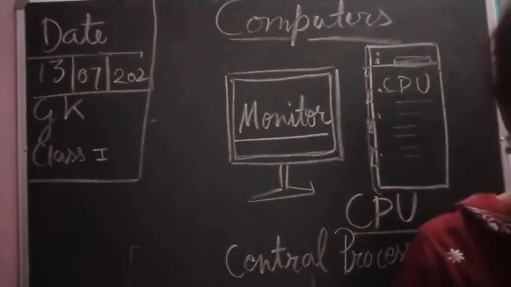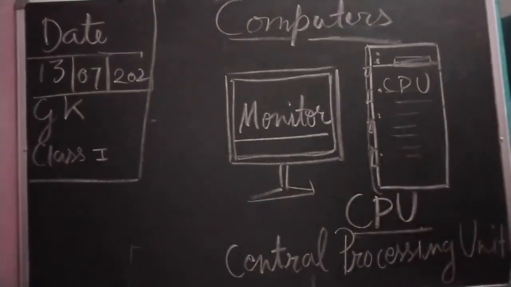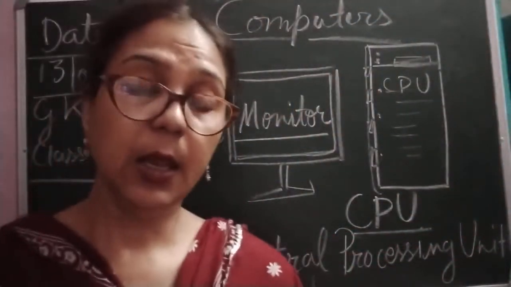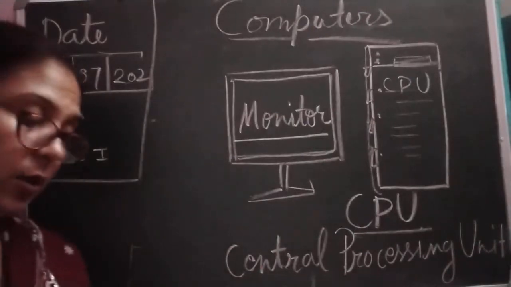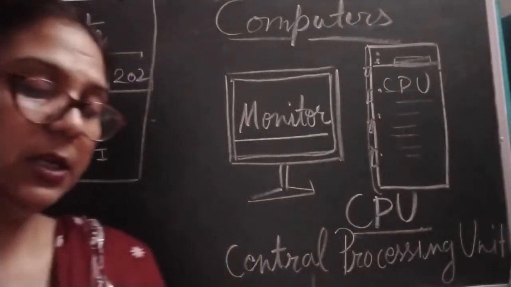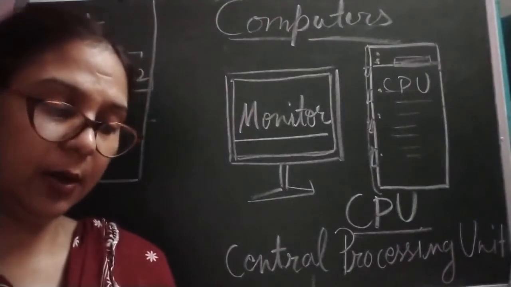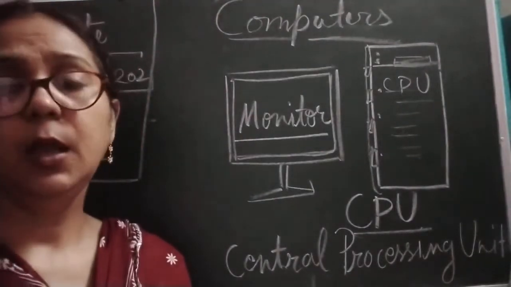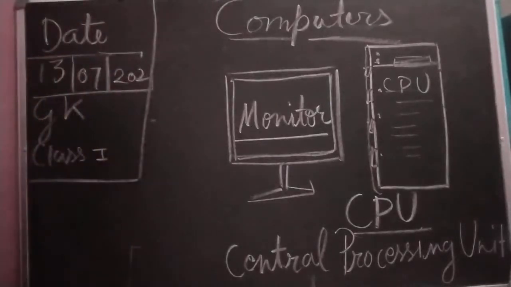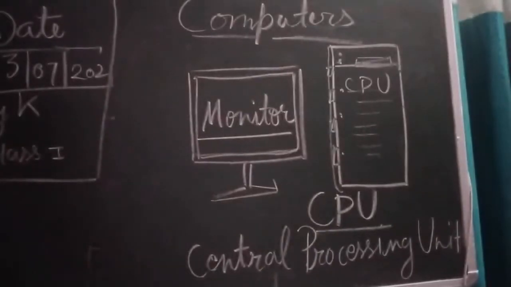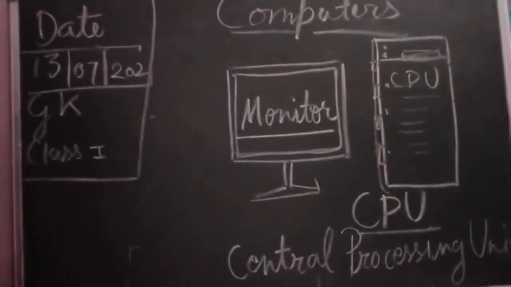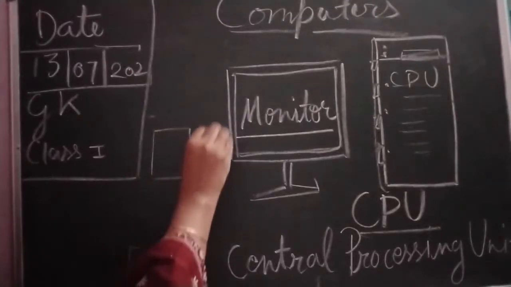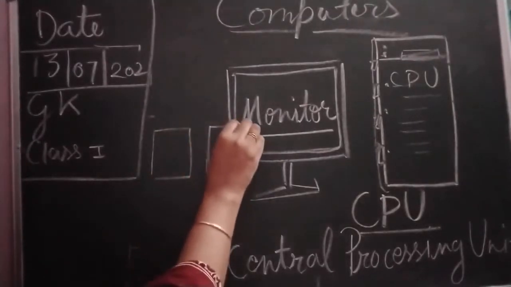Okay, now children, we are moving to see which of the following activities cannot be performed on a computer: playing music, heating food, or painting. With a computer there are two speakers given. Children, these are the speakers.